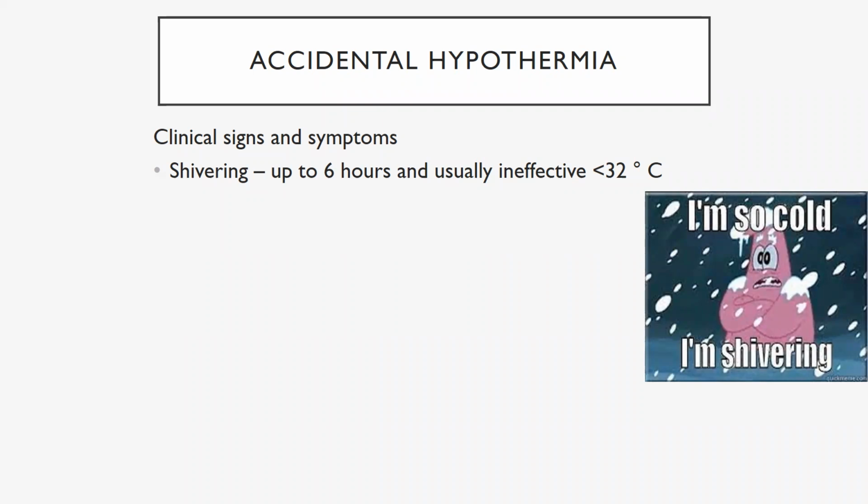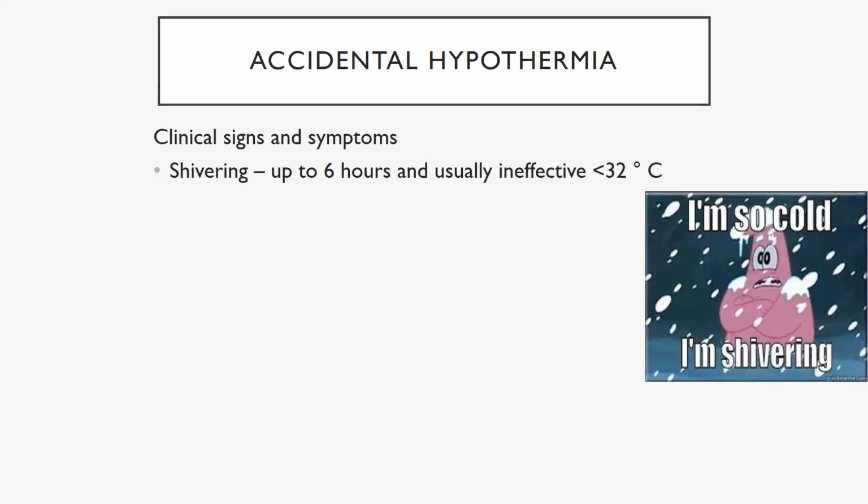What else can you see with accidental hypothermia? Cardiac arrhythmias, yeah. What else? What happens to the extremities? Yeah, so initially you'll see peripheral vasoconstriction.